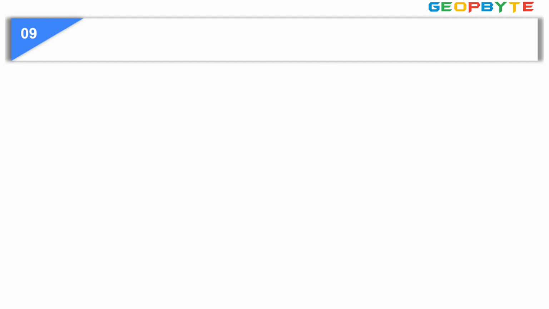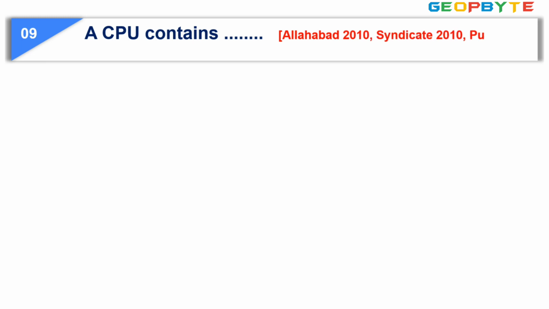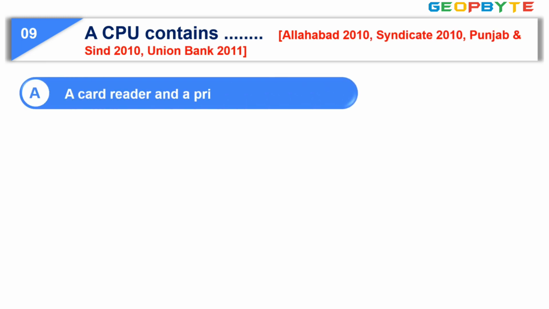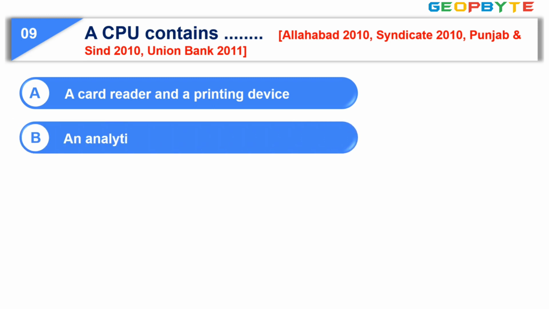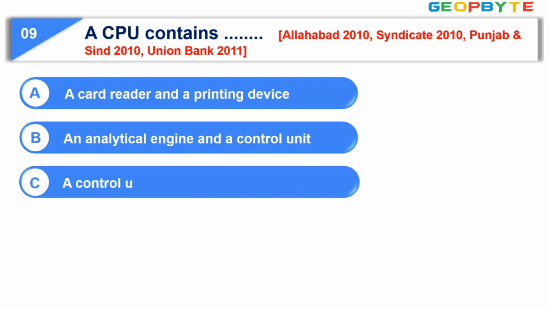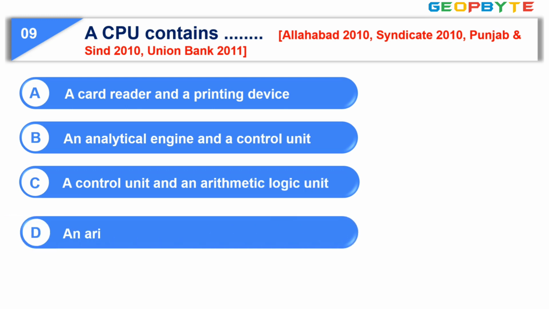Next, moving to question number 9. A CPU contains: option A, card reader and a printing device. Option B, an analytical engine and a control unit. Option C, a control unit and an arithmetic logic unit.